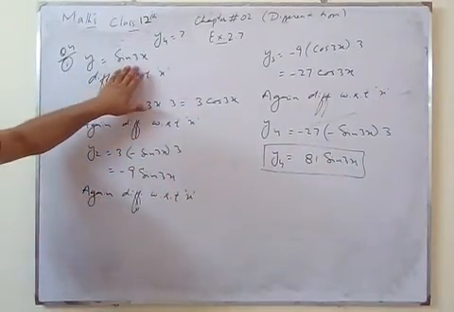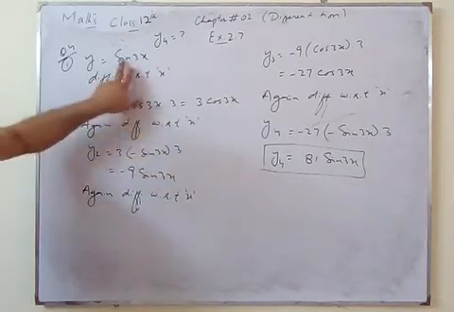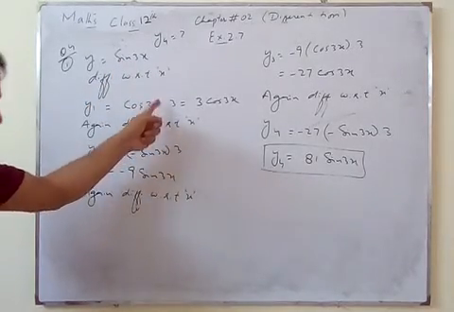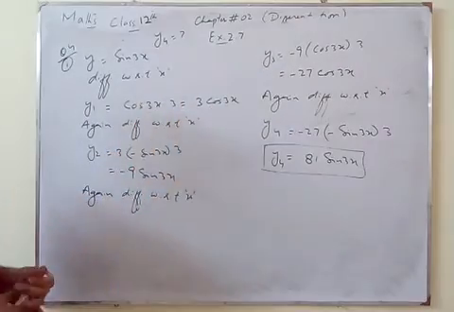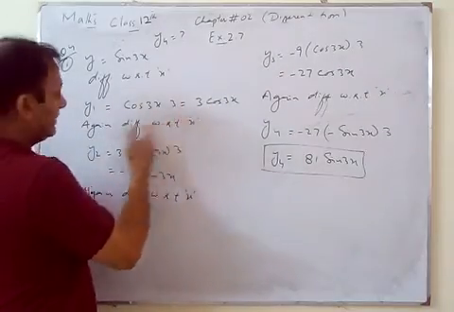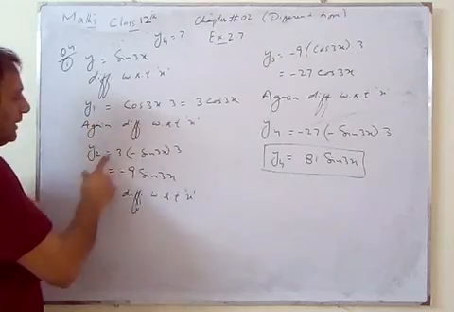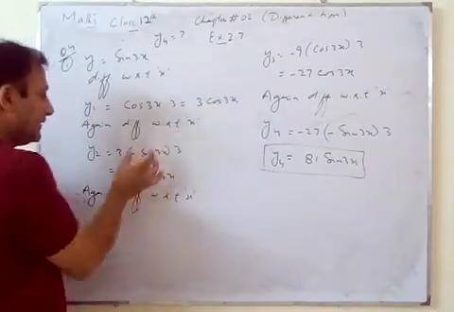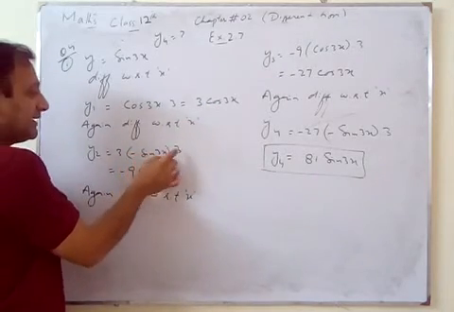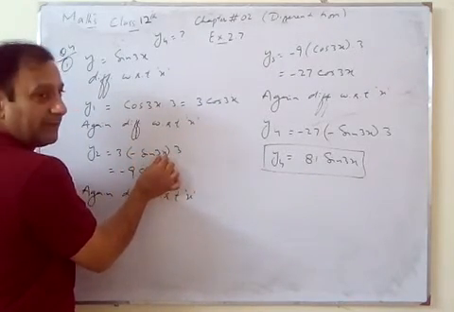So first derivative, y is equal to sine 3x, cos 3x into the derivative of 3x, that is 3. So 3 cos 3x. Again differentiate. So y1 becomes y2, and this 3 is a constant. The derivative of cos 3x is minus 3 sine 3x into the derivative of 3x, which is 3.